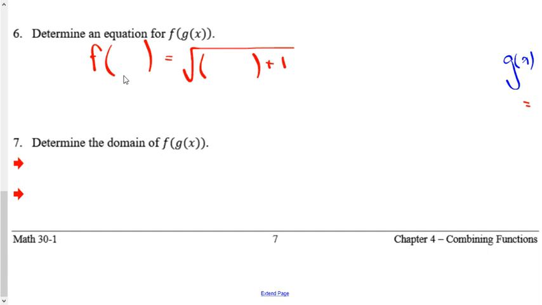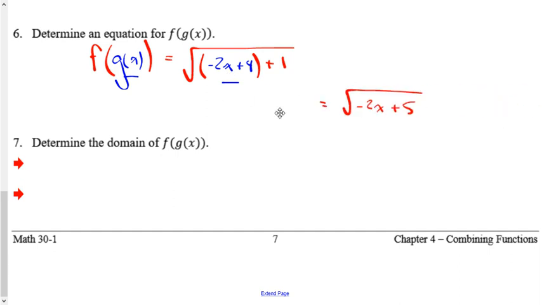It's a container, and all sorts of things can go into the container. And so instead of actually putting an x in, I'm just putting brackets to represent that container. What am I going to stick in? I'm going to stick in the g of x function. And the g of x function is negative 2x plus 4. So I plug that in, and then I just simplify that expression. Here's what I get.